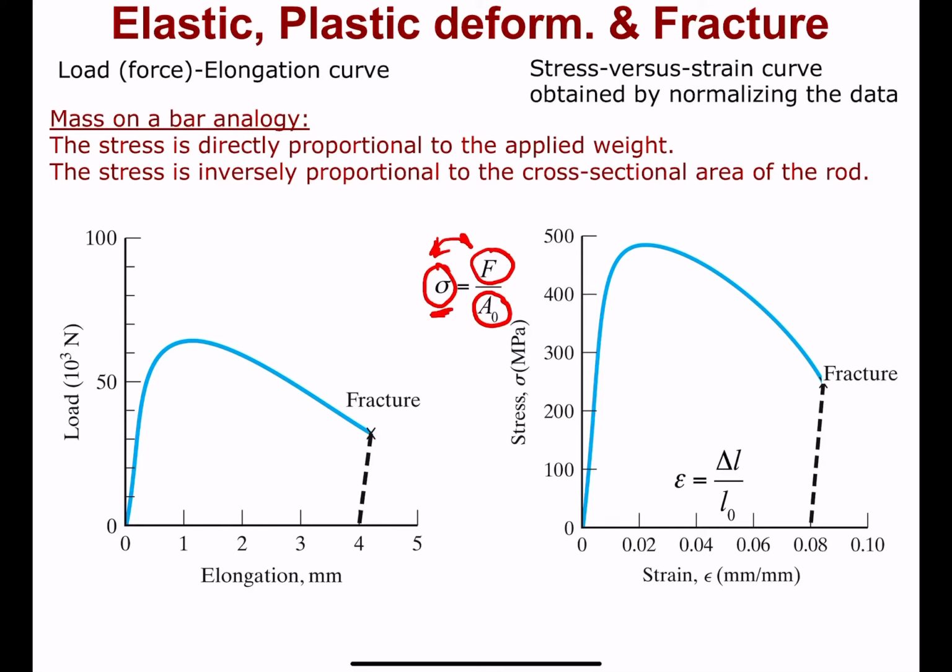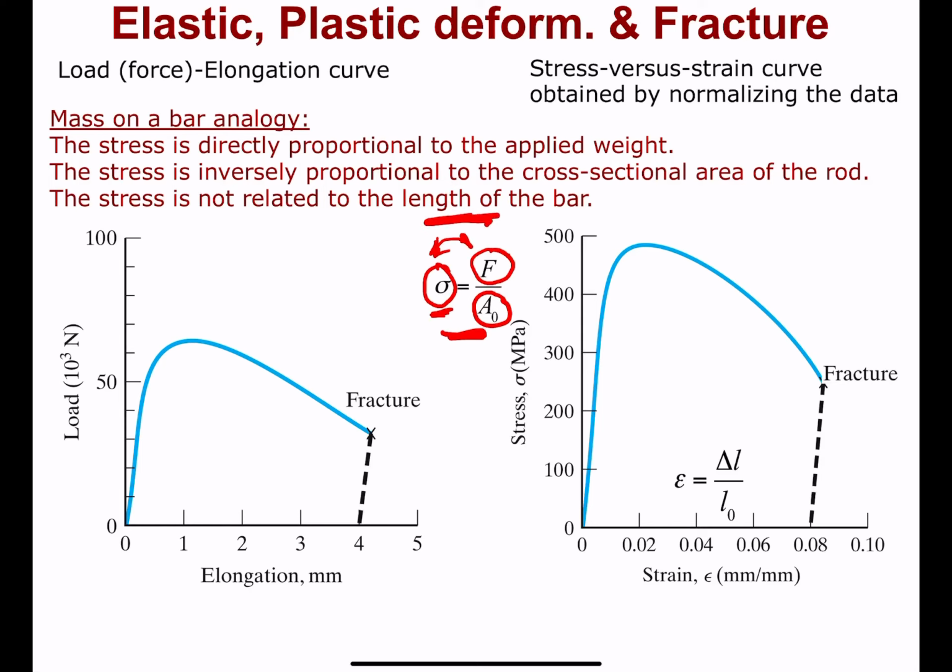Okay, so you as a design engineer perhaps could make a recommendation to increase the cross-sectional area of a rod if you need to apply more mass to it in some later engineering problem. Hopefully you see here from these ideas that the stress has nothing to do with the length of the bar.